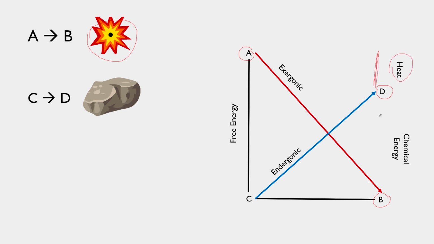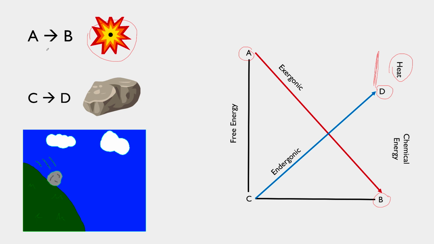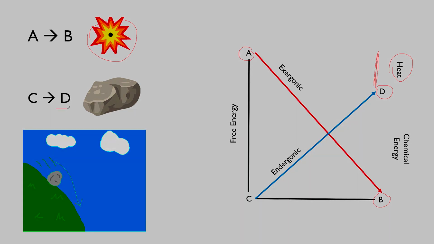However, the rest of the free energy given off by the transition from A to B could be used in the reaction to convert C to D. And that is how most of these biological systems will work. In this case, we could use the energy released in our conversion of A to B to move our rock down the hill to eventually get it to product D.